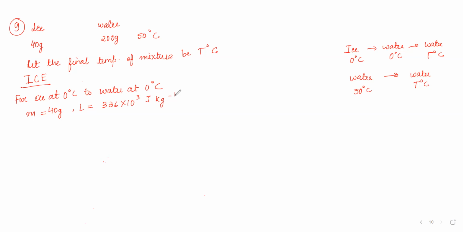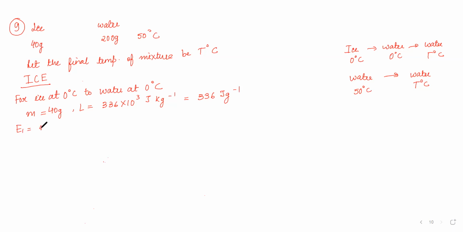So if you can see what we can be doing, children, for the ease of calculations, let us see what else has been given. Okay, we can be just converting this into grams. I think that will be the easy one. So this will be 336 joule per gram.